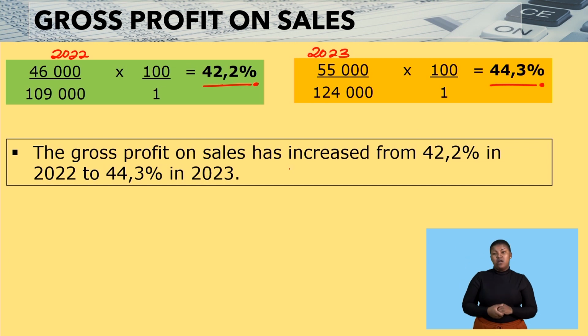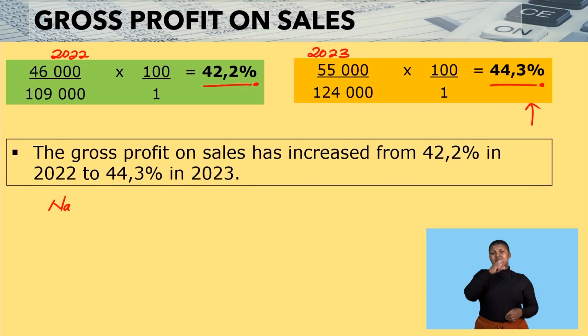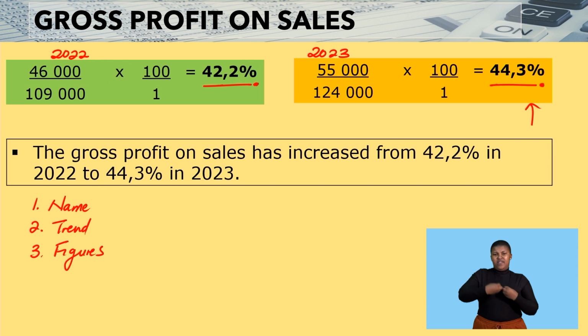It shows that there is an increase. So, when I am commenting, there are things that I need to mention. Number 1, I need to mention the name of the financial indicator. I need to mention the trend, and I will need figures.